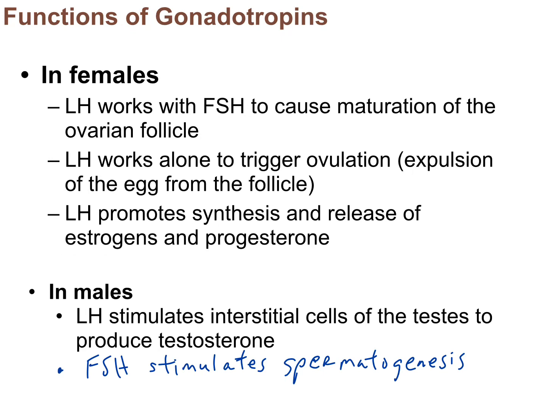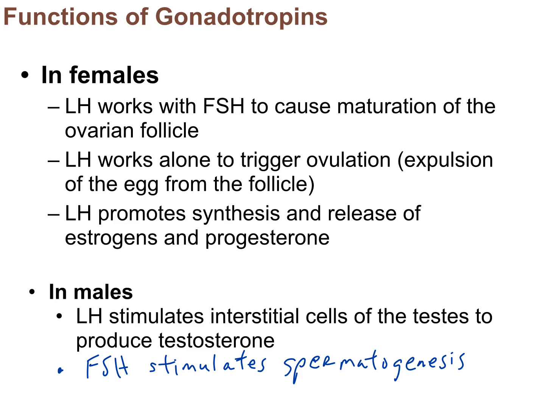So we're going to get into more detail on the gonadotropins in chapter 27, the reproductive chapter, but to give you some stuff now, luteinizing hormone and follicle stimulating hormone are both going to cause maturation of the ovarian follicle. The luteinizing hormone has an additional effect of triggering ovulation, as well as promoting the synthesis and release of estrogens and progesterone.